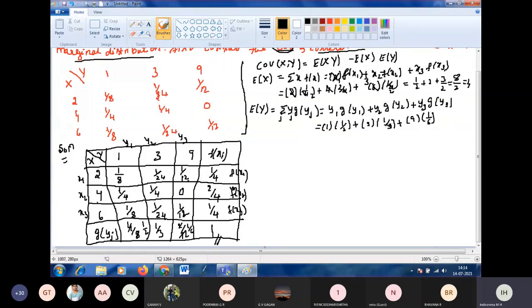Simplify this. So here 3 and 3 cancel. 3 3s are 9, 3 2s are 6. So that is 1 by 2 plus 1 plus 3 by 2. 2 is LCM. Then 1 plus 2 plus 3, that is 6 by 2, which is 3. 3 is correct.